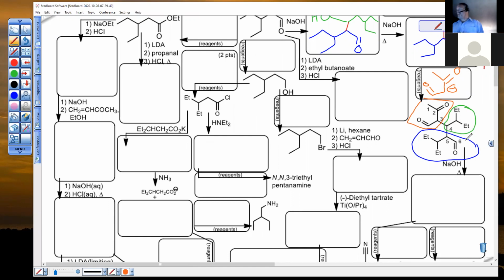I don't know if I'm going to be nice enough to give you those numbers. Those numbers are really nice. They're the only numbers that will give you a ring size 6 in the Robinson annulation. Robinson. And following those numbers, we'll go with all blue.